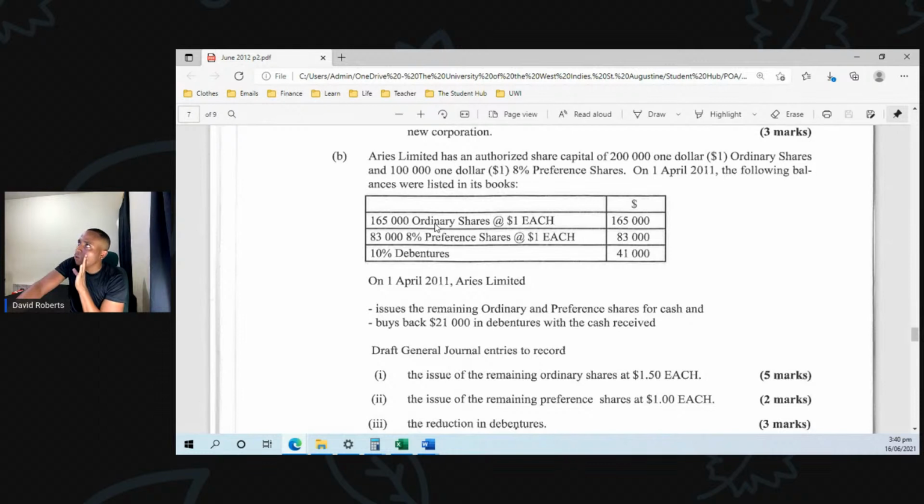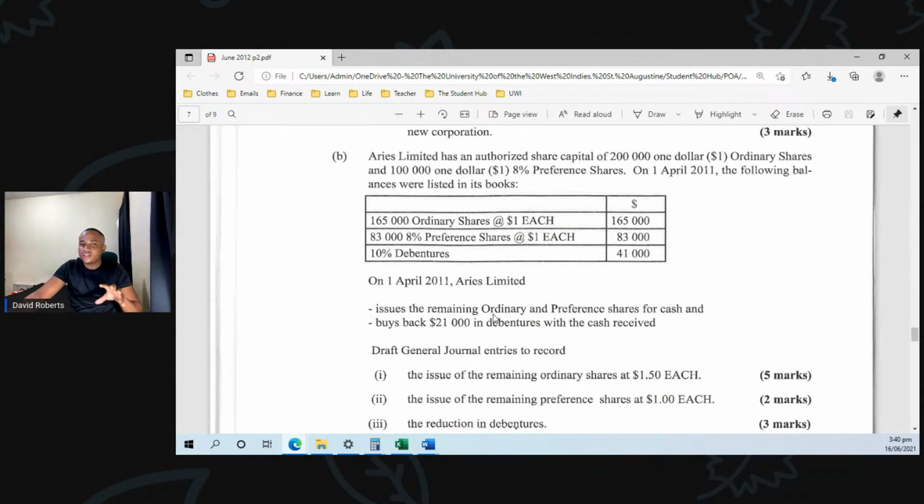So let's start off with the ordinary shares and the difference between ordinary shares authorized and ordinary shares issued. Authorized means this is how many shares the company is willing to give out, right? So they are willing to distribute 200,000 shares. That's what authorization means. However, as at the 1st of April, they would have issued 165,000. So this is how much they actually issued. And so how many ordinary shares are remaining to be issued?